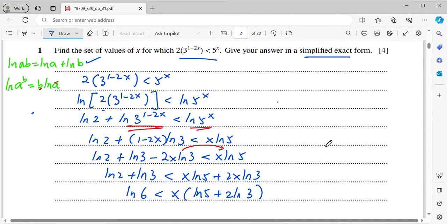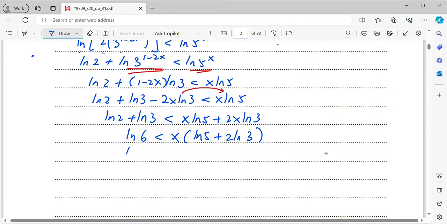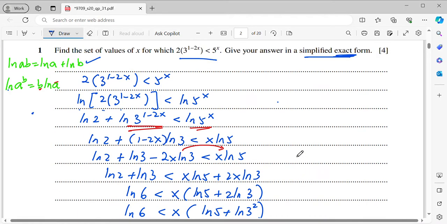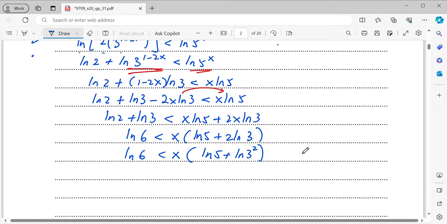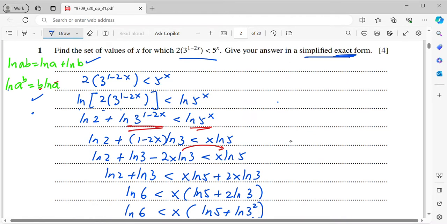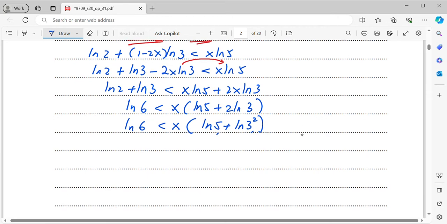Now since we need to get the exact form, from here I will get ln 6 less than x bracket, this is basically ln 5 plus ln 3 squared, by using the second formula here. So ln 3 squared is ln 9, plus ln 5. That means again using the first formula, when you combine the summation of two terms, you'll be getting multiplication.